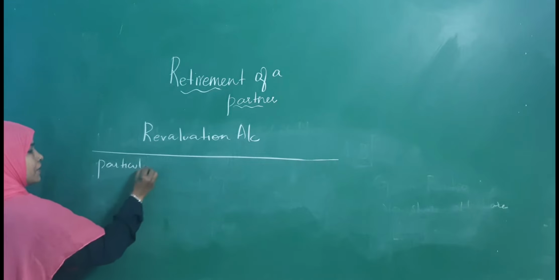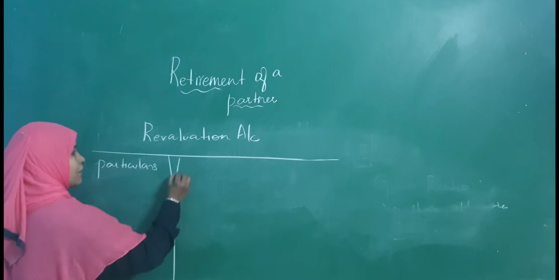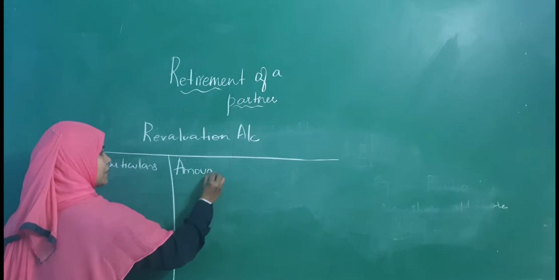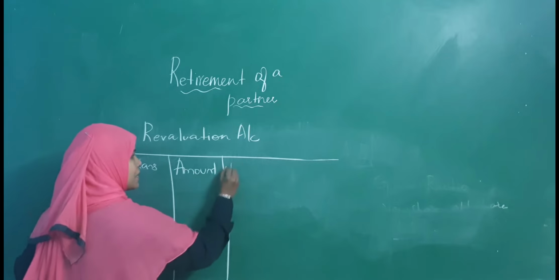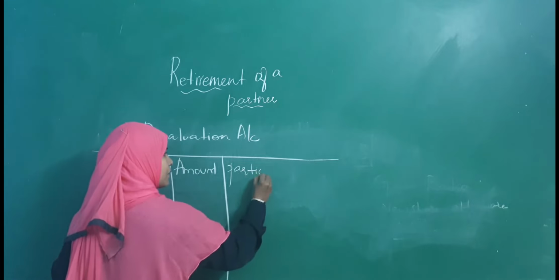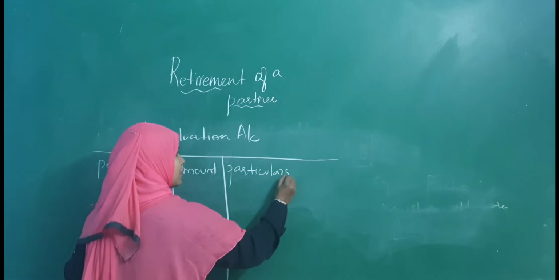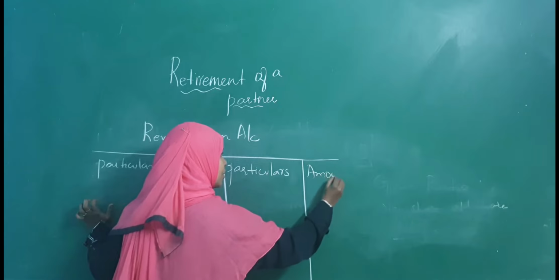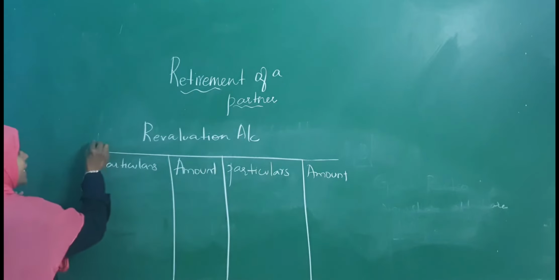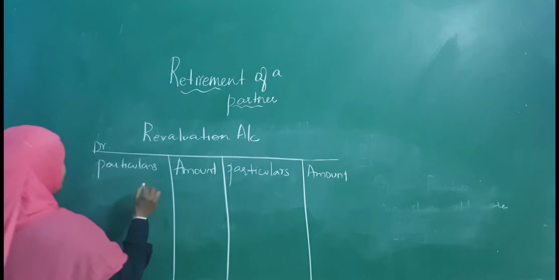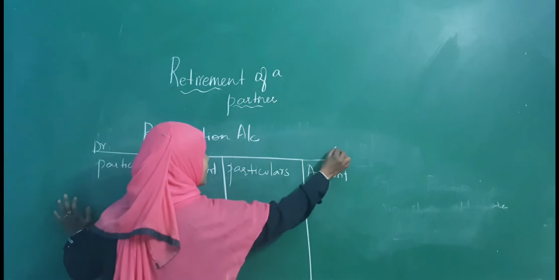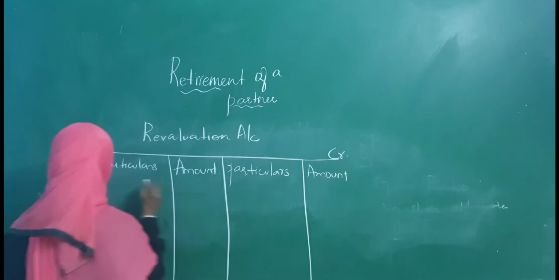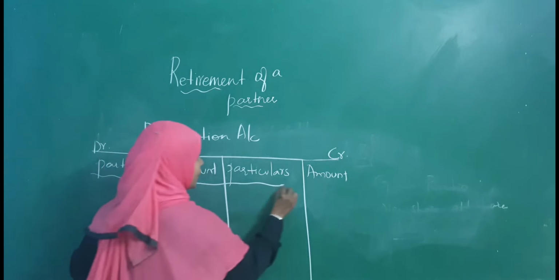Particulars, amount, particulars, amount. Okay. Placing of debit and credit is very important. Debit towards your left hand side, credit towards your right hand side. This is very important. Okay.